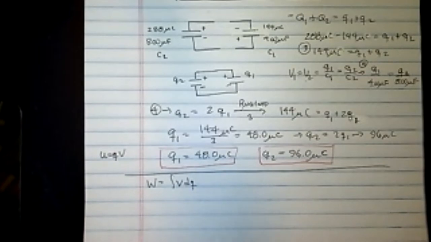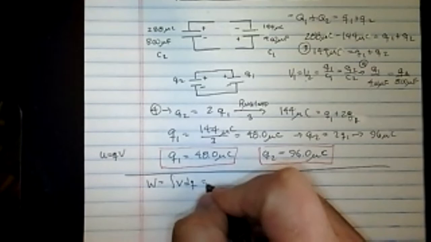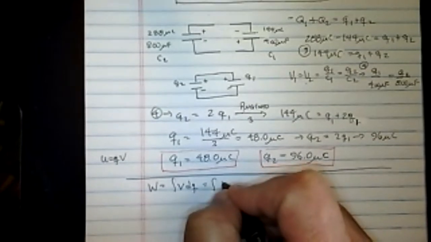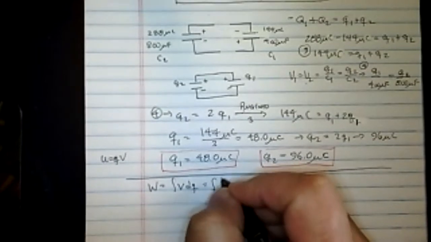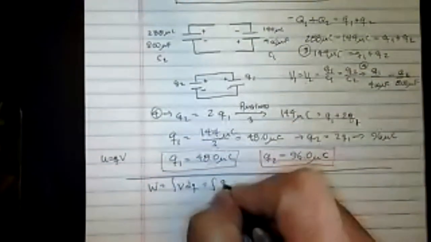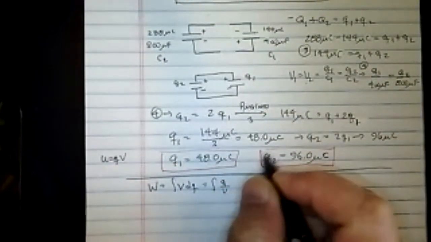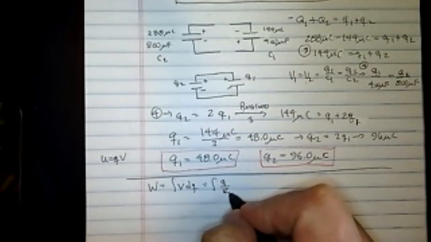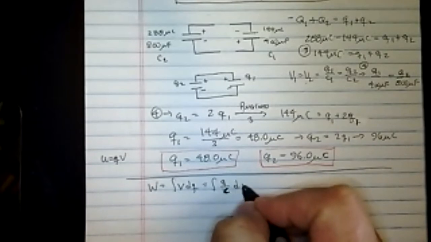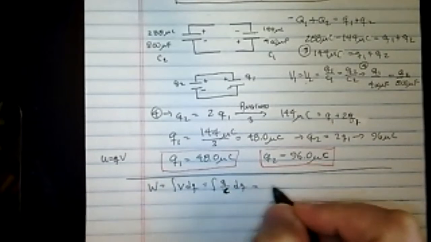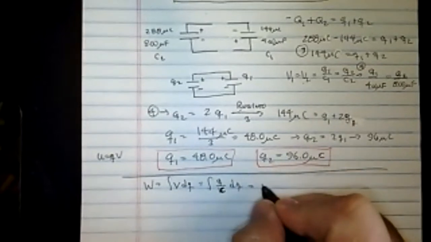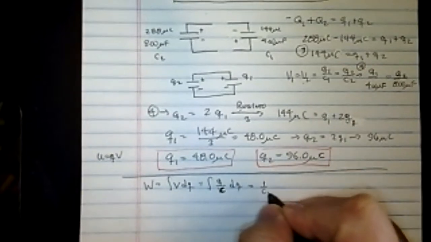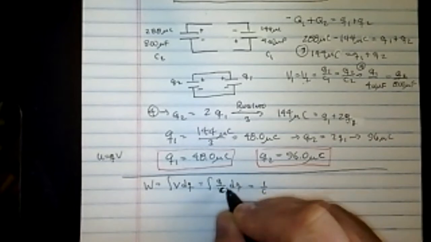Of course, the V for a capacitor, as we just learned painstakingly, but by numerous mistakes, is in fact Q over C times dQ. So in fact, we're going to get 1 over C times the integral of Q dQ.